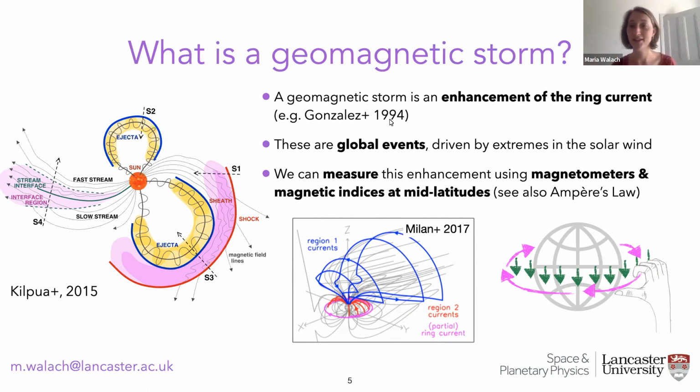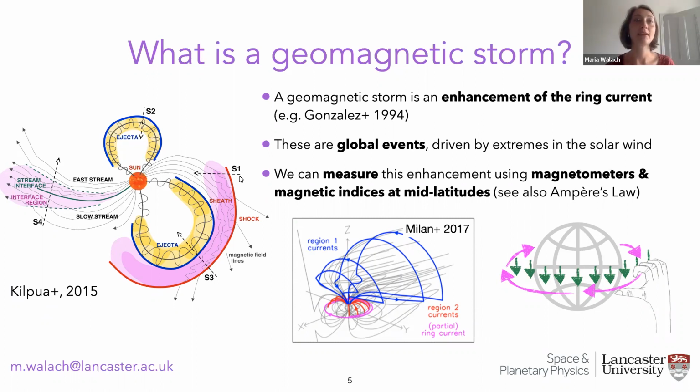If you're interested in what drives them specifically, other than extremes, I would encourage you to look at this other review paper by Kilpua et al. They looked into this, and there are different scenarios on this schematic, looking at the sun in the middle.